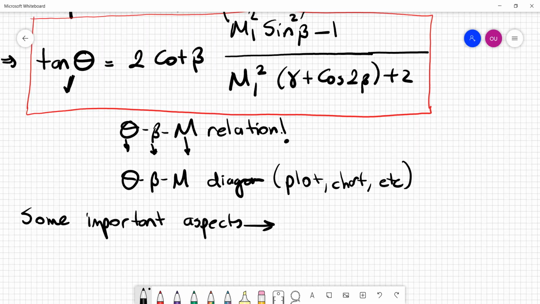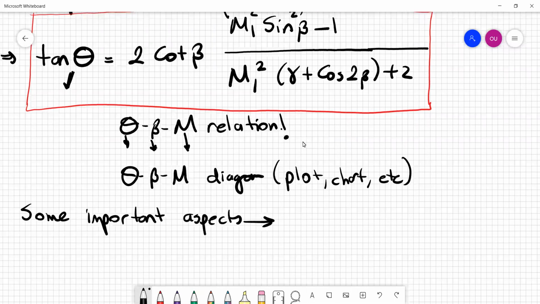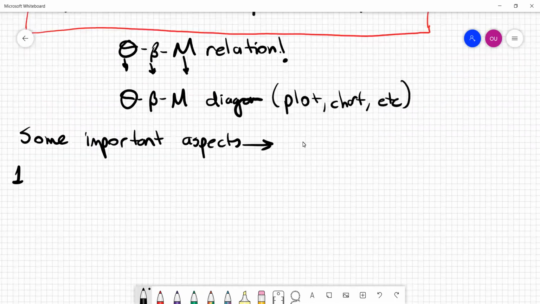The first aspect is that for a given Mach number M1, okay, so somebody says, I have this geometry and it's going to fly at Mach 2, for a given Mach number.